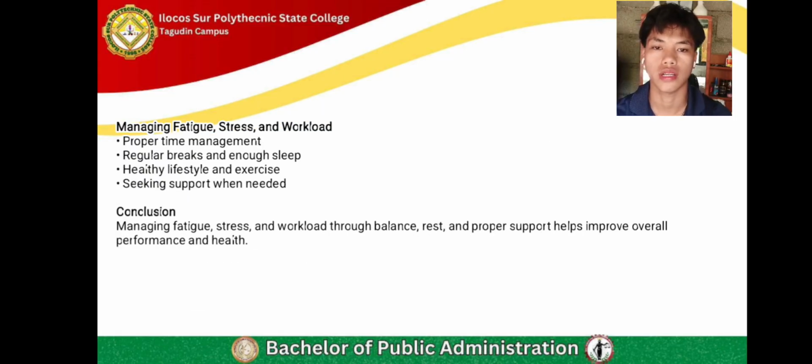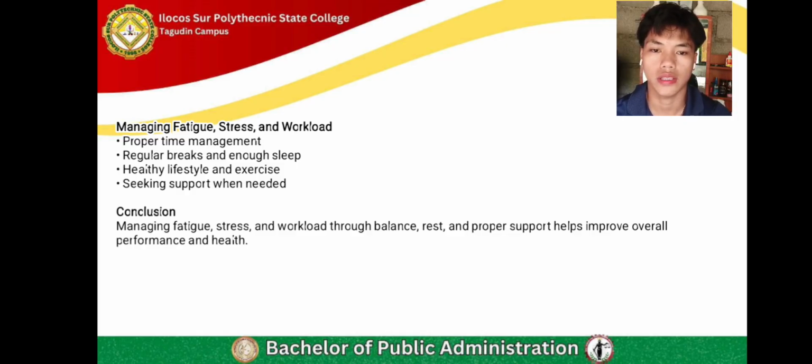Managing fatigue, stress, and workload. 1. Proper time management. Organizing your time helps you stay in control instead of feeling rushed. 2. Regular breaks and enough sleep. Rest gives your body and mind time to recharge. 3. Healthy lifestyle and exercise.